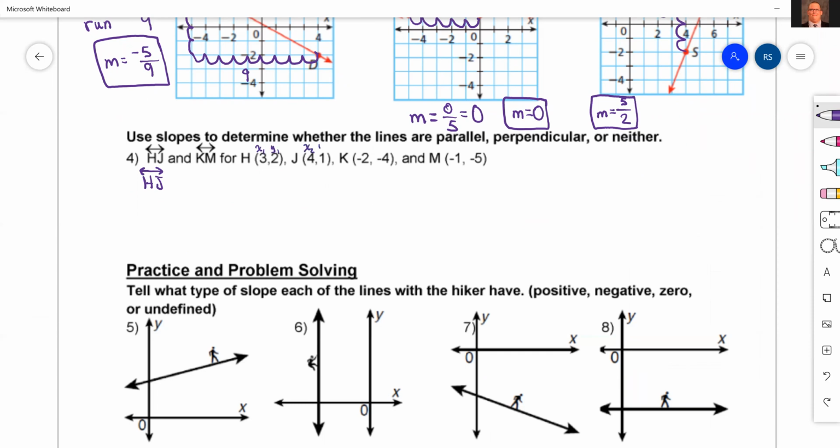It's going to be X2, Y2. Y2 minus Y1 over X2 minus X1. 1 minus 2 is -1 over 4 minus 3, 1. -1 divided by 1 is -1.